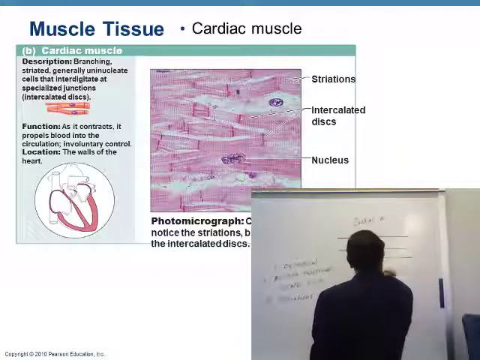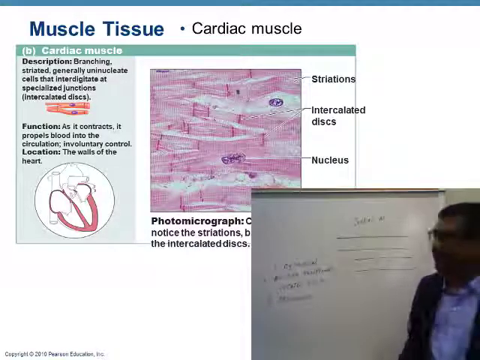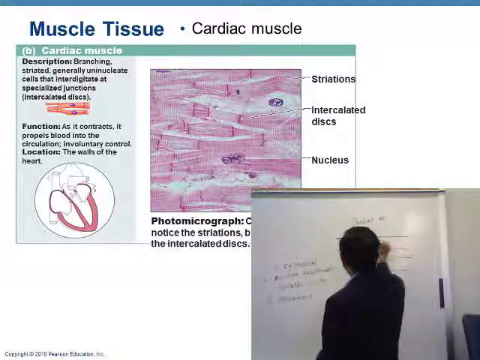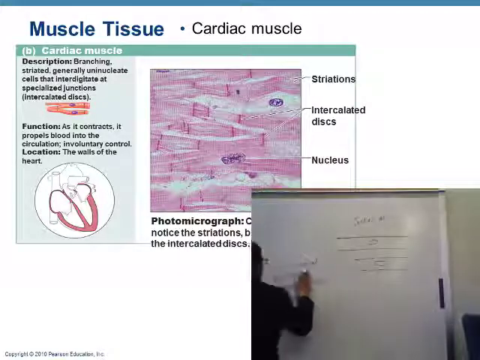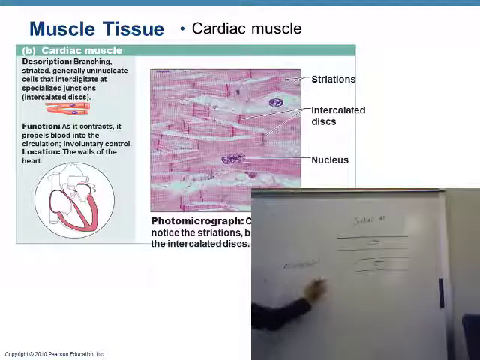Now, if you see cardiac muscle tissue, so now we'll see cardiac. Cardiac muscle fibers are also cylindrical shaped. So, cylindrical fibers, but usually a single nucleus.